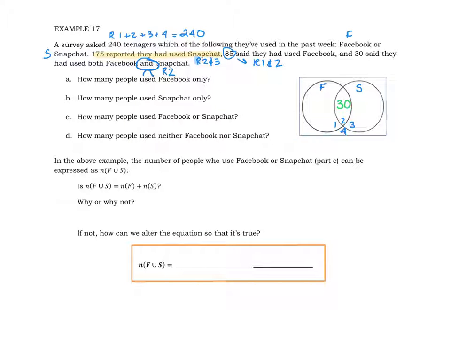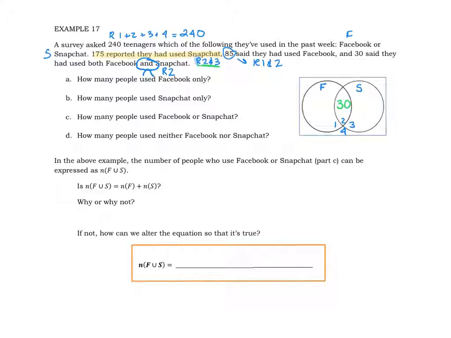In the first sentence, they said 240 teenagers. That's who they surveyed. Clearly we don't have enough information for that yet, so let's pass that up for right now. 175 reported that they had used Snapchat, so regions 2 and 3 should give us 175.